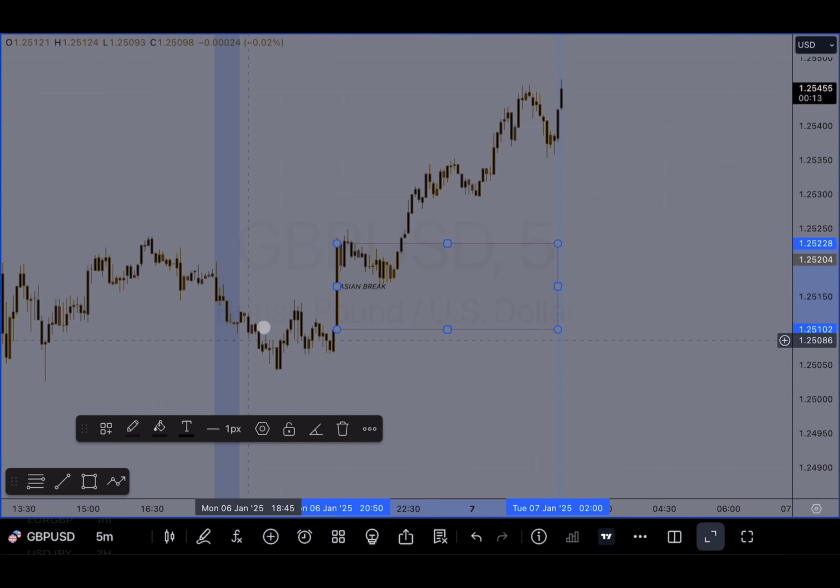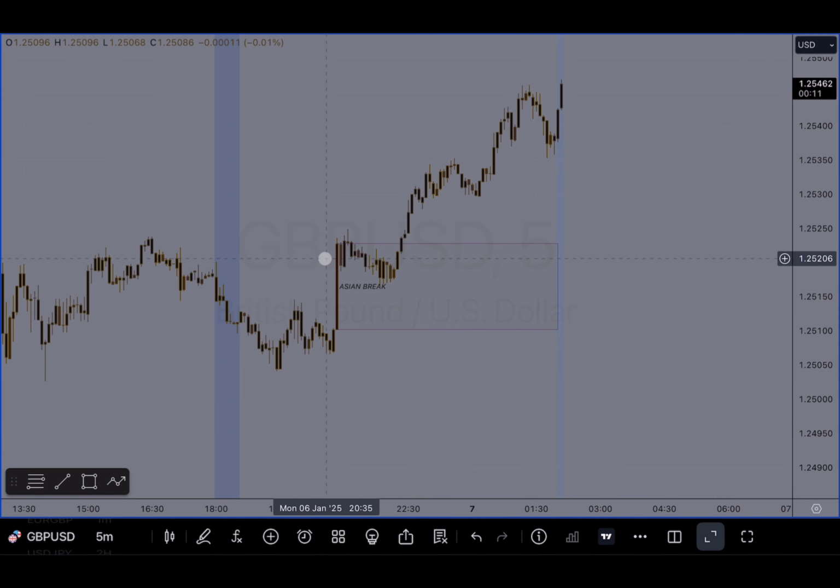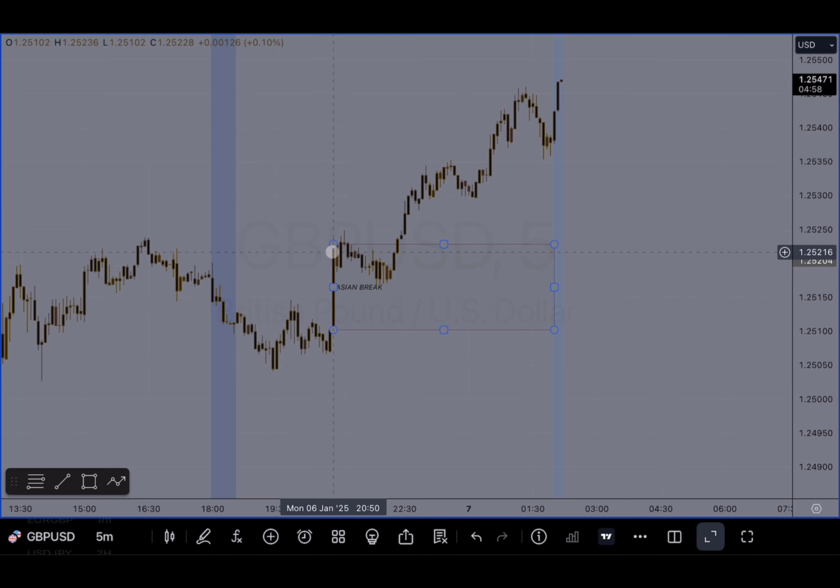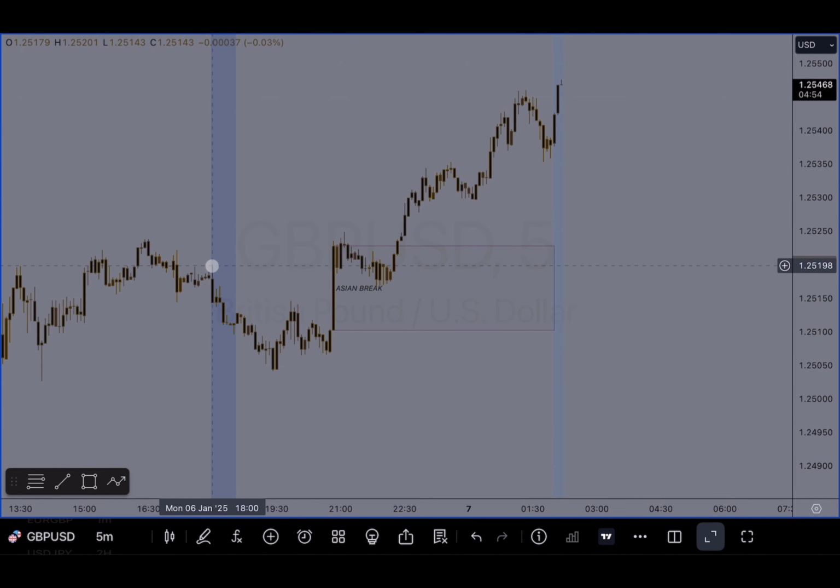However, we need to use that one because, as the system dictates, it is the first candle that closes above or below the initial balance. In this case, it's going to be above because, as we can clearly see, it is closing to the upside here above our high on the initial balance in the Asian session. Now we're going to transfer.